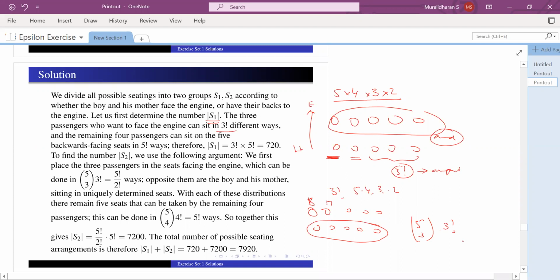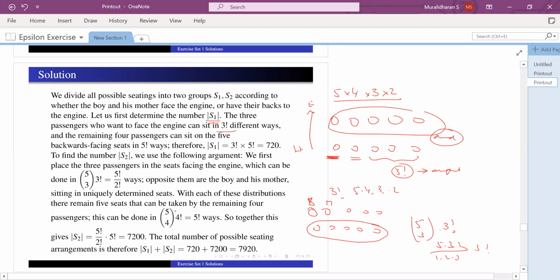Which will be same as 5 into 3 into 2 by 1 into 2 into 3 into 3 factorial. So 5 into 3 into 2, which will be 30, I believe. Yes, 30.